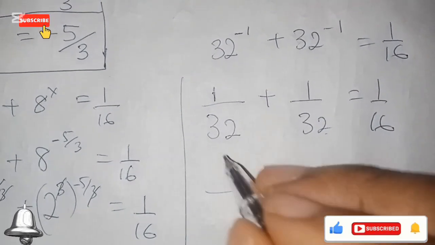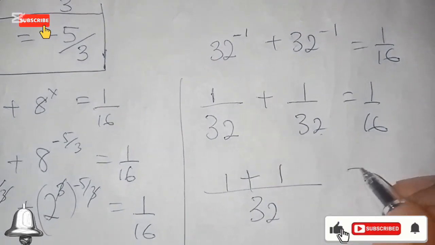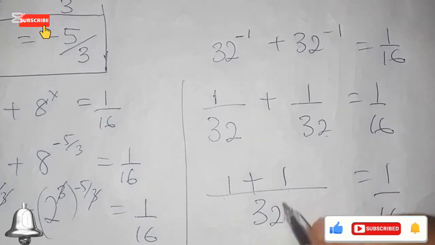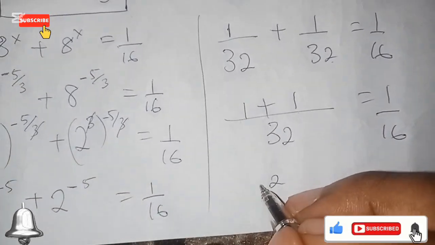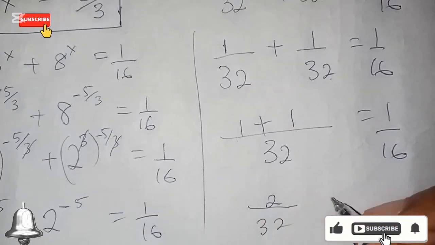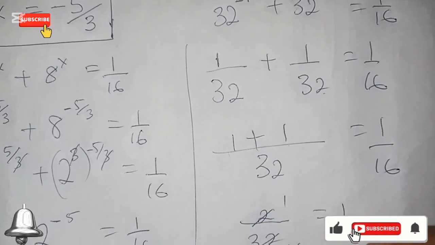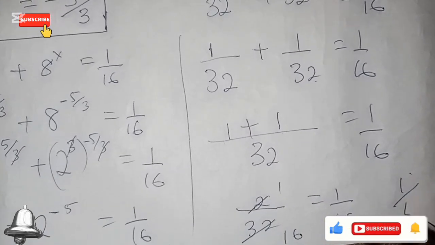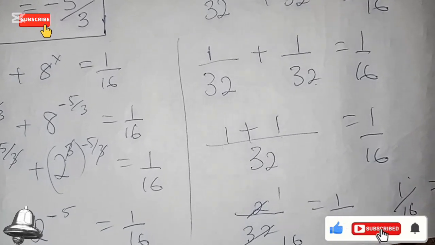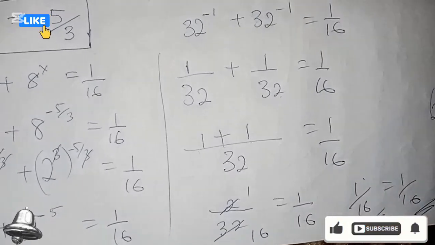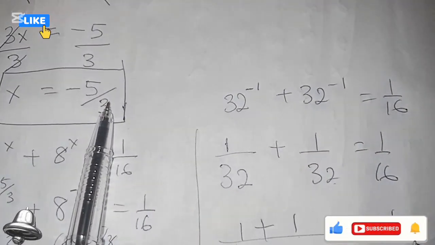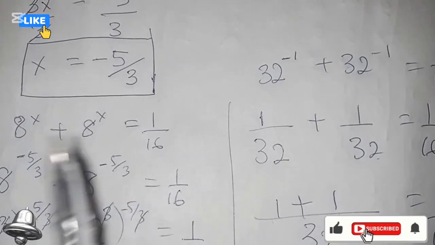LCM is 32, 1 plus 1. This gives us 2/32 equals 1/16. 2 here is 1, 2 here is 16, and we have 1/16 equals 1/16. Perfect. Now, this value for x satisfies this equation.